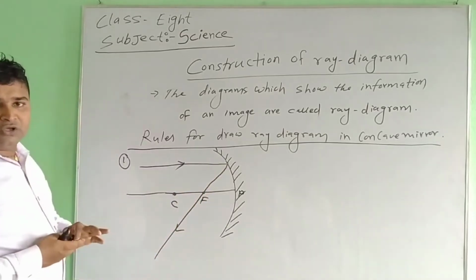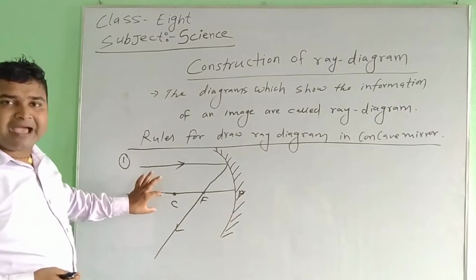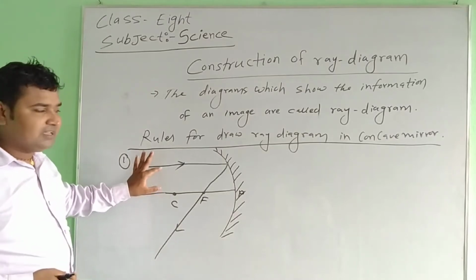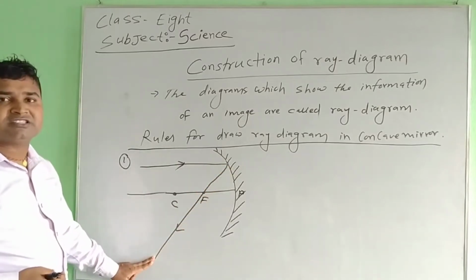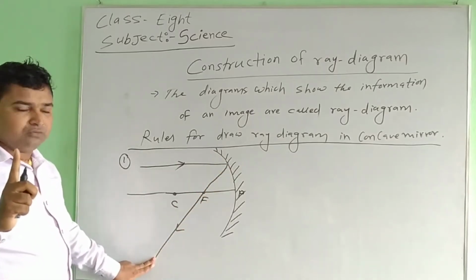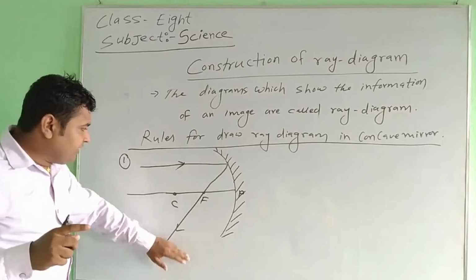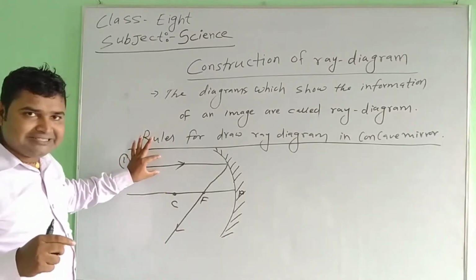First rule: when the incident ray is parallel to the principal axis, the reflected ray always passes through the focus.